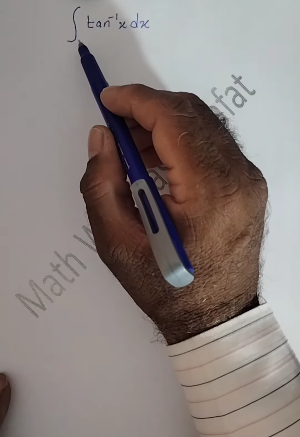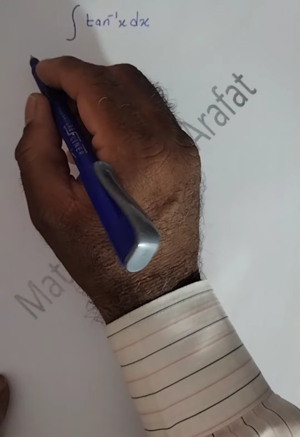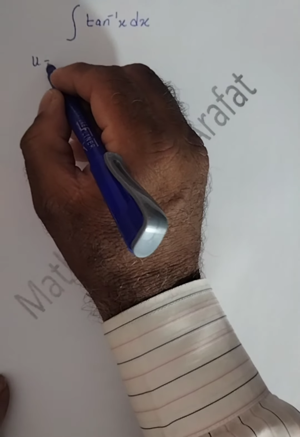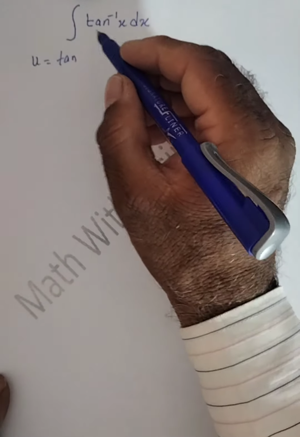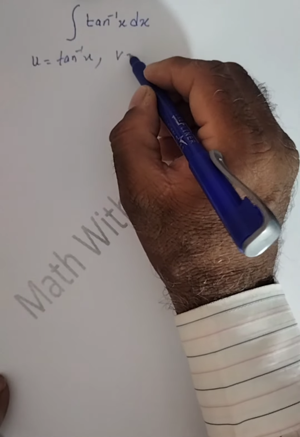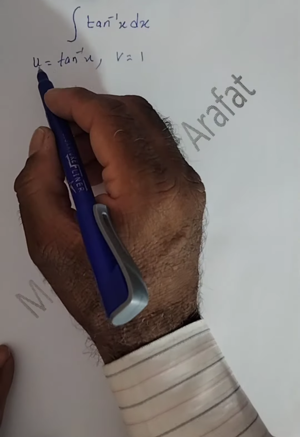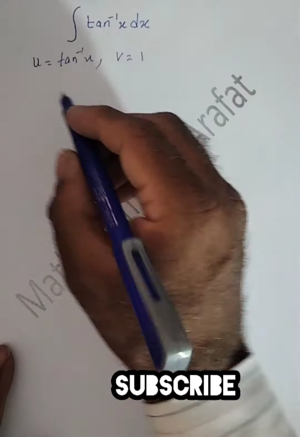Here, this is tangent inverse x dx. So we have to take u as tangent inverse x, and v equals 1. And we have already discussed that we have to find the derivative of u and the integration of v, and then apply by parts.